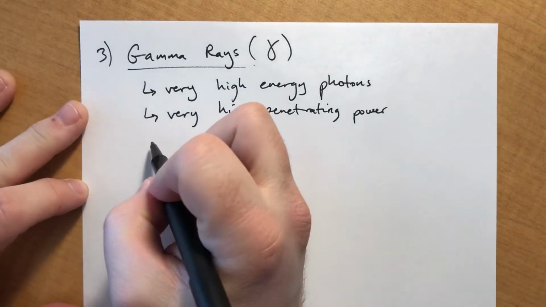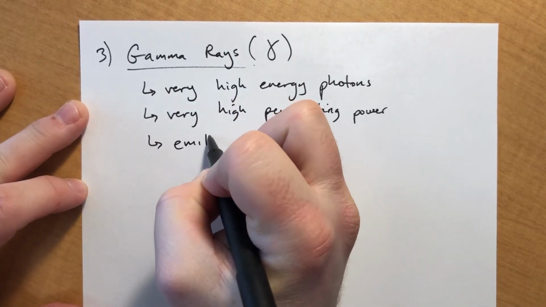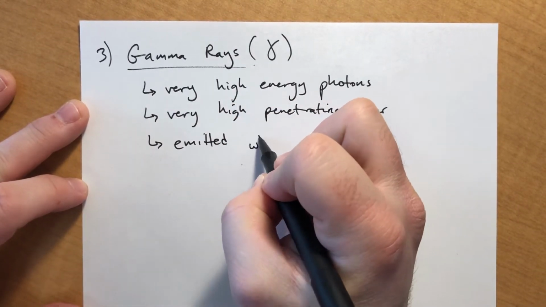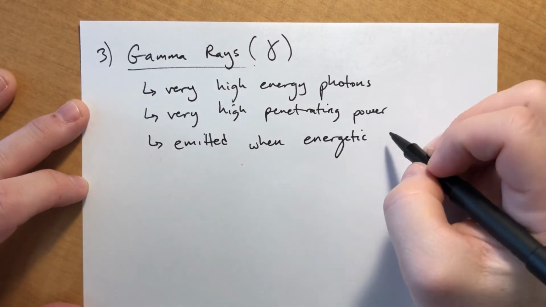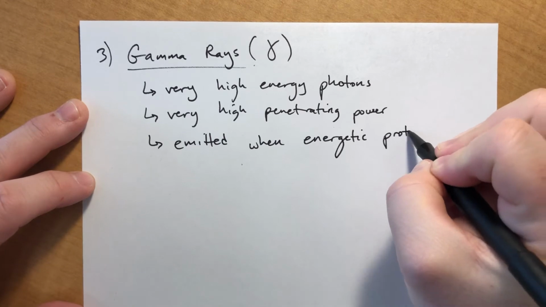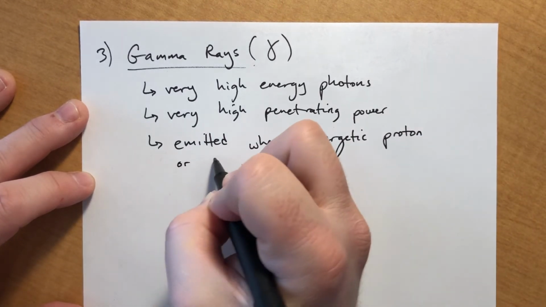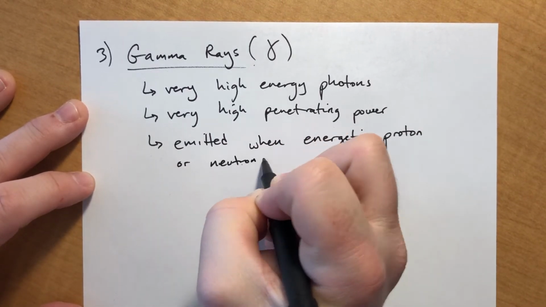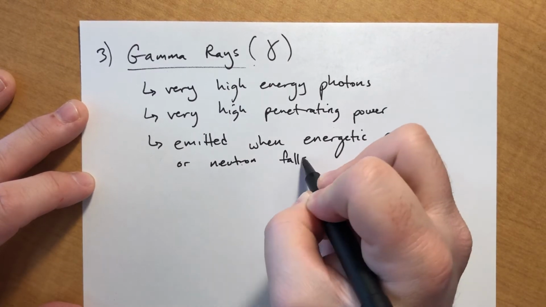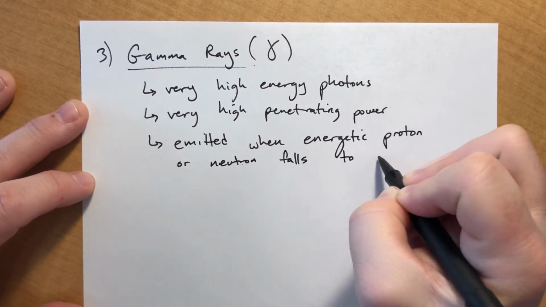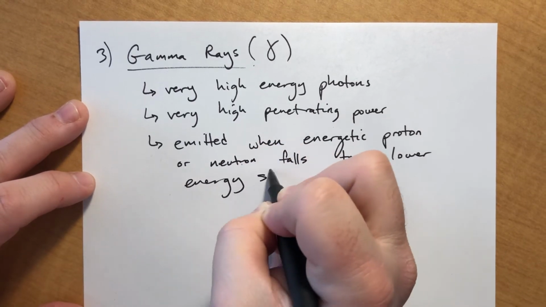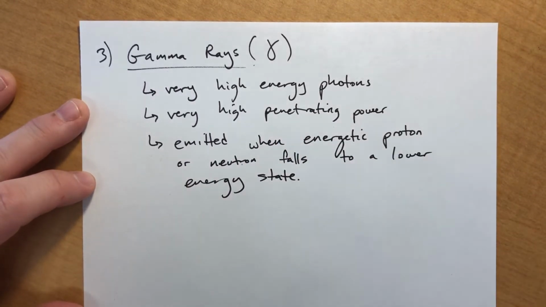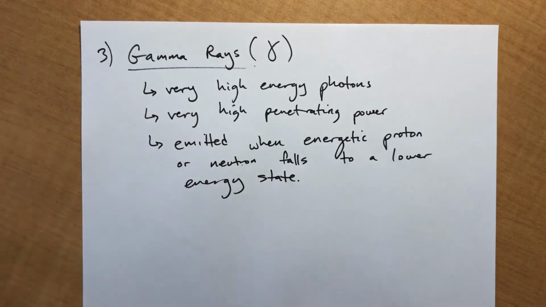So, let me try to write some of that down. These are emitted when some sort of energetic proton or neutron falls to a lower energy state. So it's exactly the same concept we saw with electrons last semester. Not a big deal.